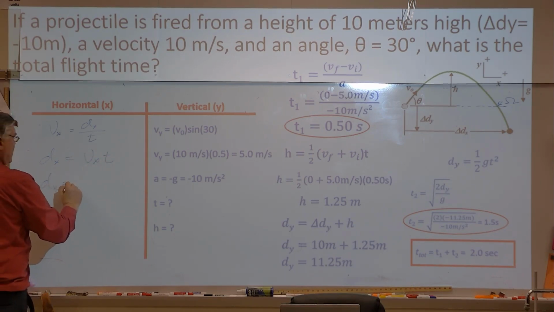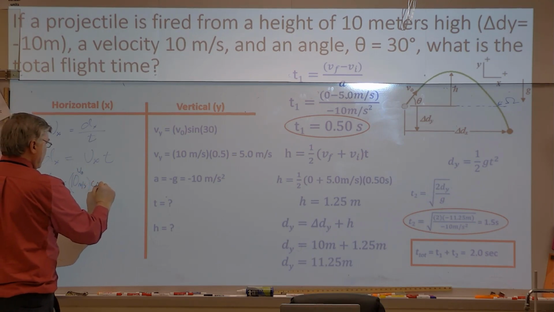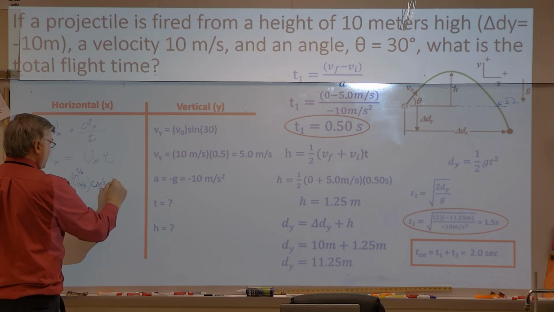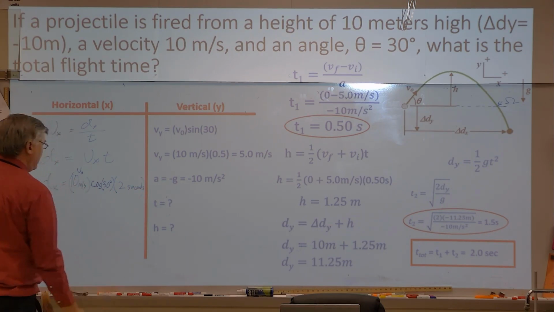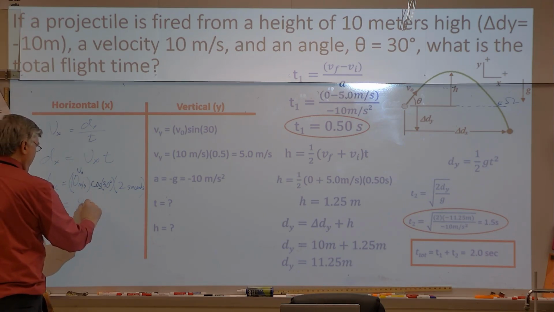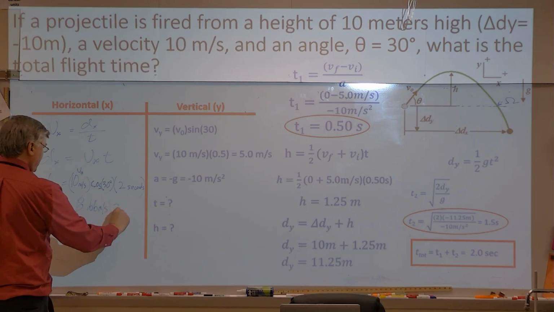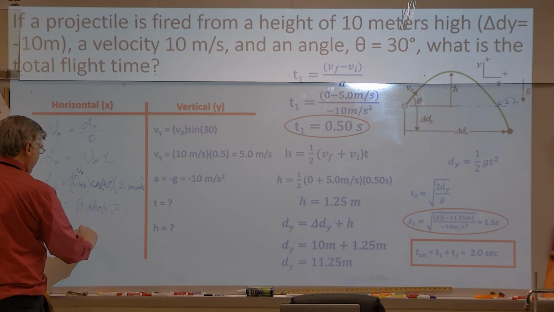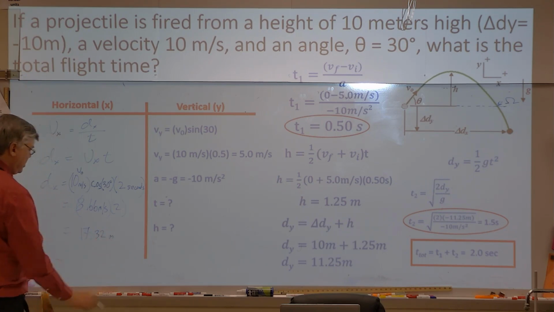So dx is equal to my 10 meters per second, that's my v naught, times the cosine of 30 degrees, times 2 seconds. And that would be something like 8.66 meters per second times 2, which would make that something like 17.32 meters. I did that in my head.